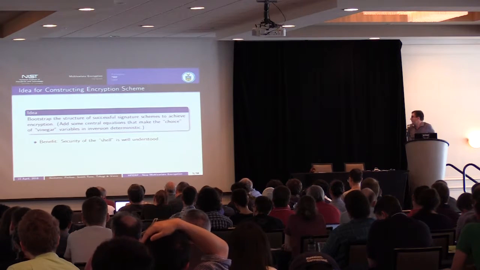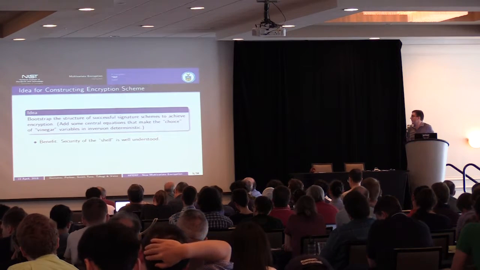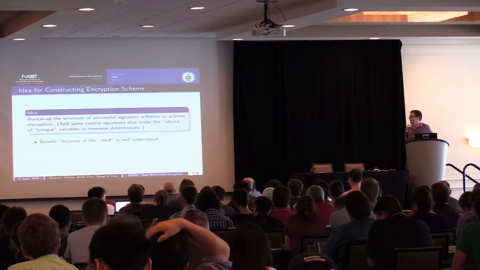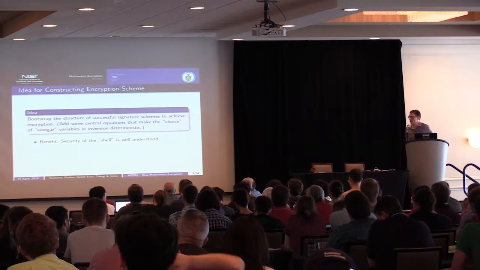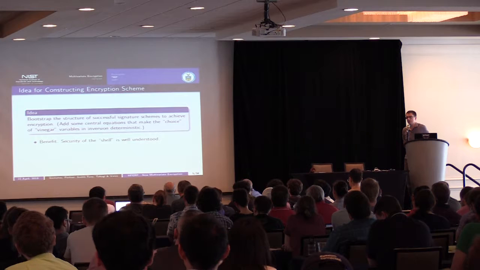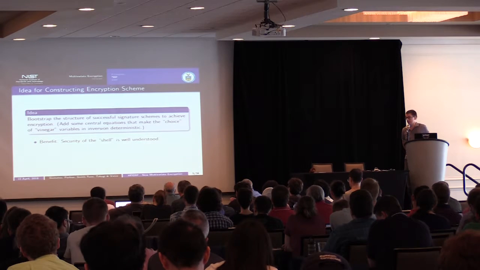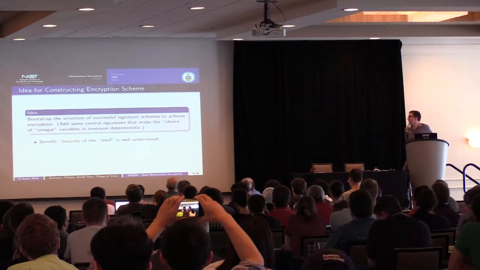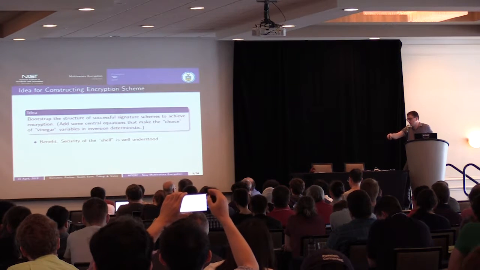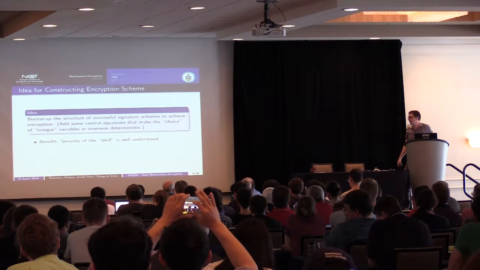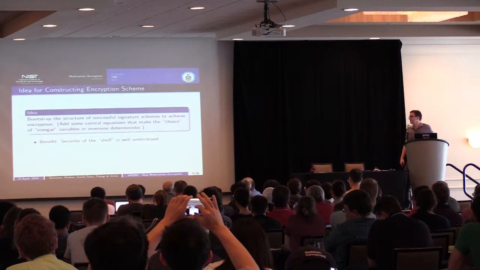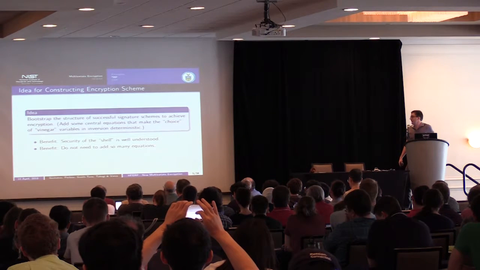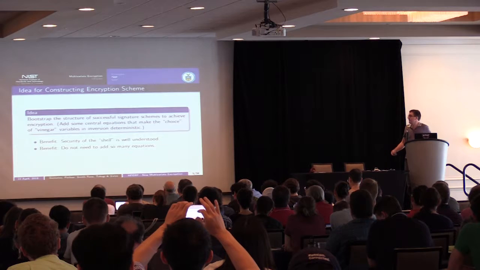The benefit of this is, as I said, we have a lot of knowledge about multivariate signature schemes. Multivariate schemes are a lot more successful in signatures than in encryption. So the security of this shell that you're putting your favorite invertible quadratic map in is understood very well. Another benefit is you don't need to add so many equations.